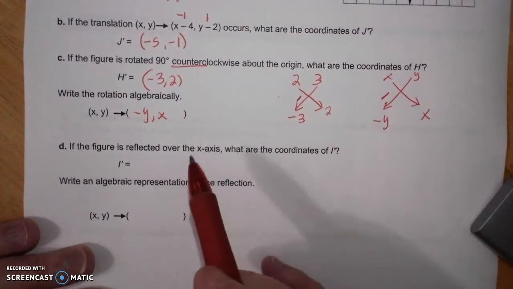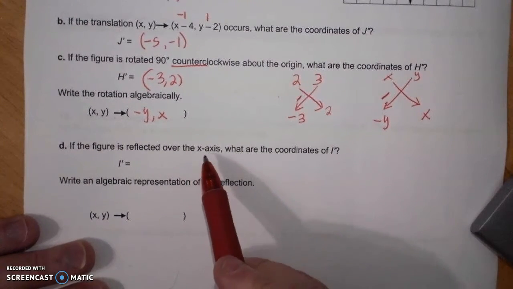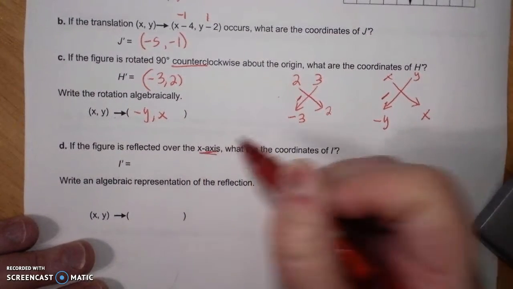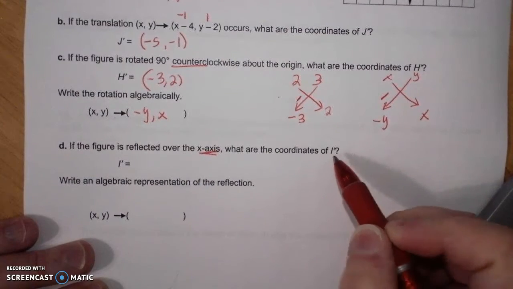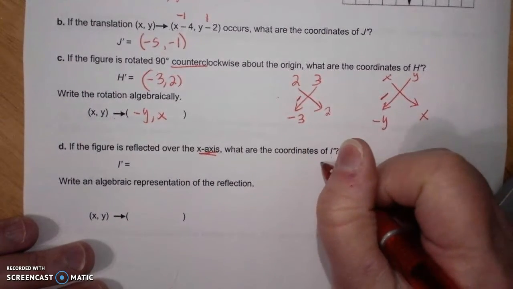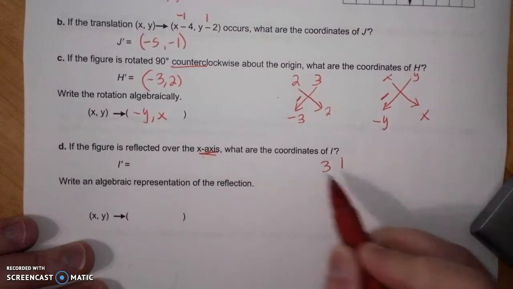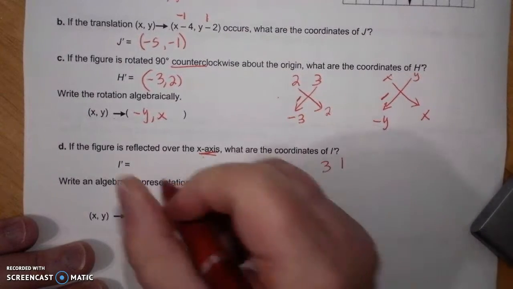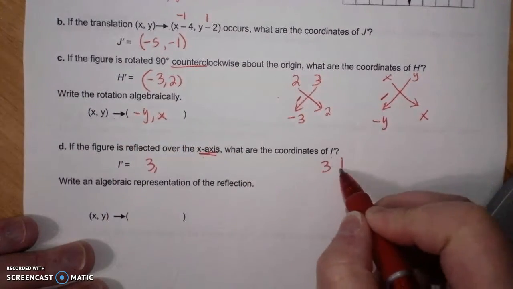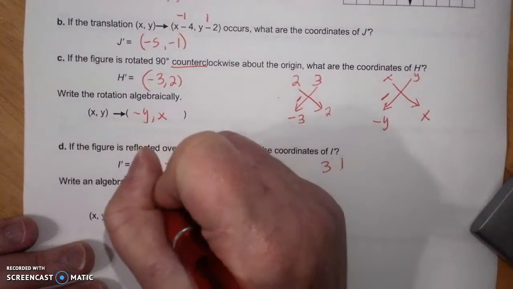If the figure is reflected over the x-axis, what are the coordinates of I? So I is 3, 1. Over the x means x is almighty powerful, and y has to change its attitude.